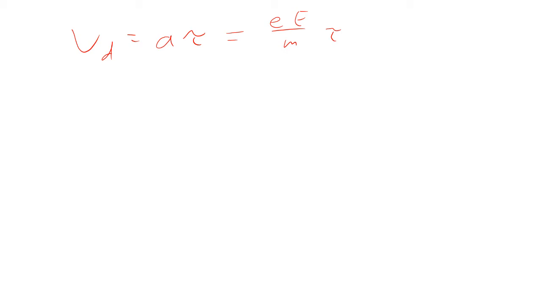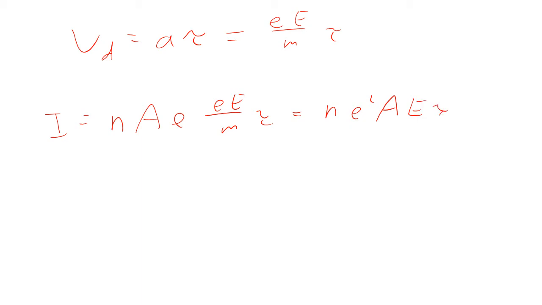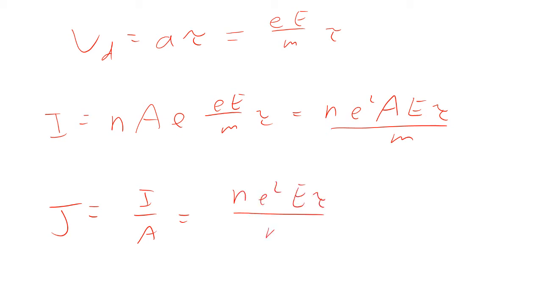So that means that the current would be n times A times e times eE over m tau, or in other words, n e squared A E tau over m. Current density is I over A, so the current density would be n e squared E tau over m.